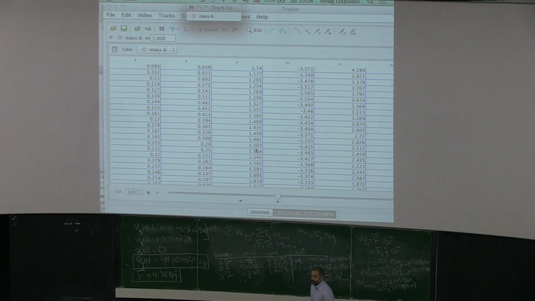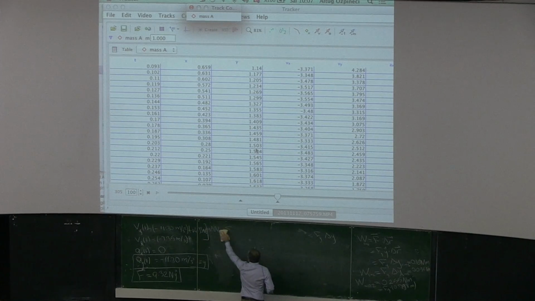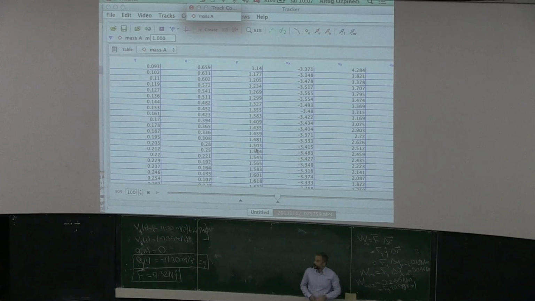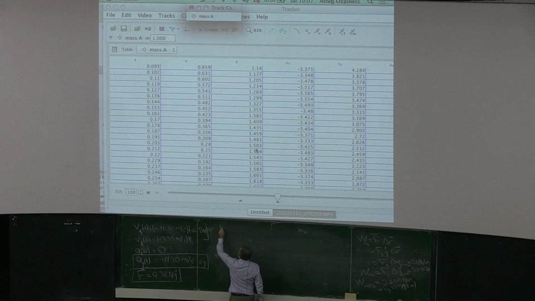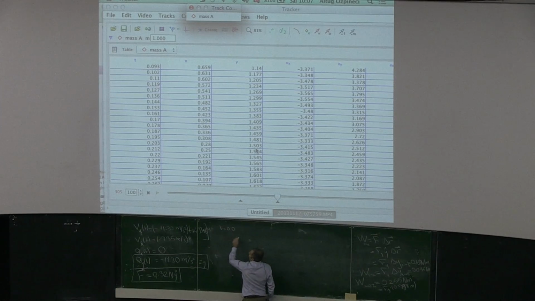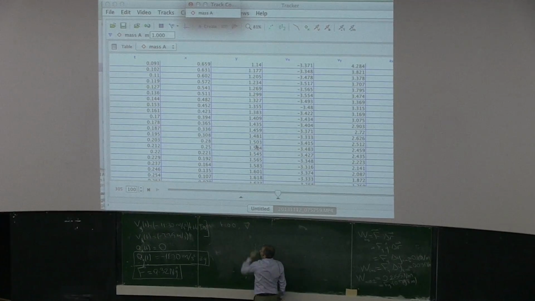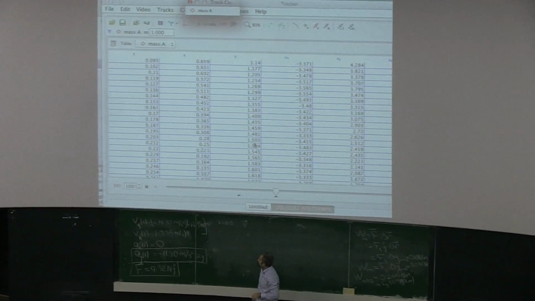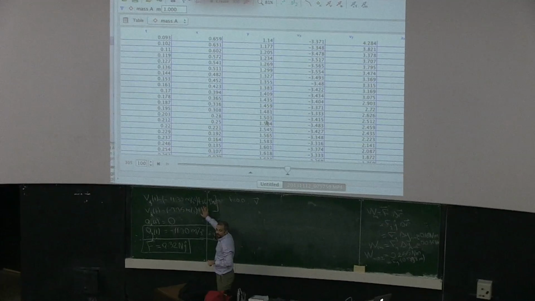Now let us do one more thing. So we had already calculated the work done. At t equal to 0.0, the velocity of my object. Well, we already have the velocities here.